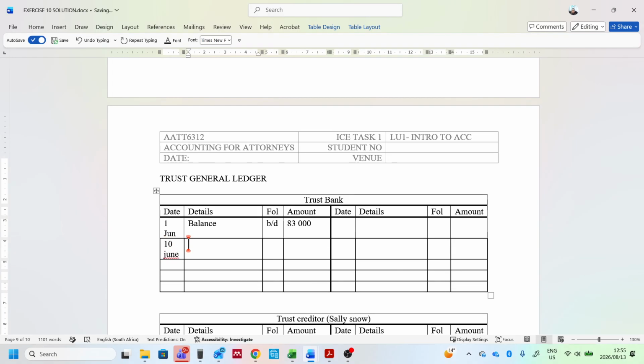We received money, but the money we received was from which client? So this is how you will have recorded it if you're doing individual accounts. Or in the next coming lessons going forward, this is what we're going to be doing.